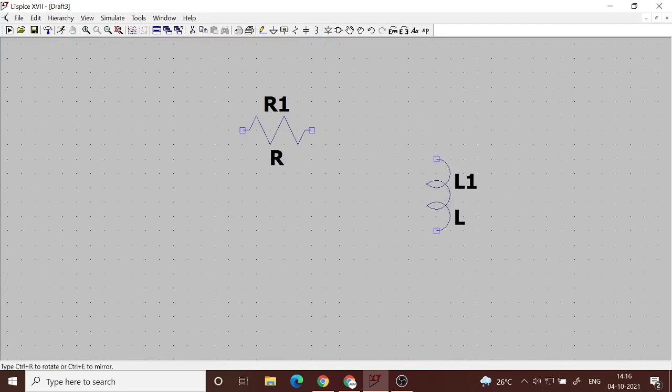So only these two components I want to have. Then I need a reference, because LTspice needs a reference point to measure the voltages, and then I'm connecting it again.